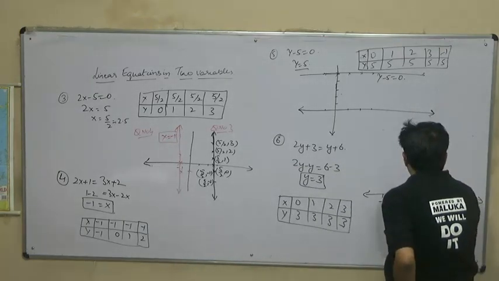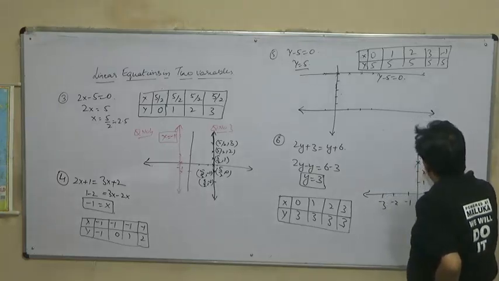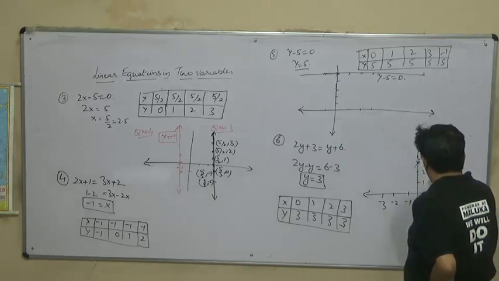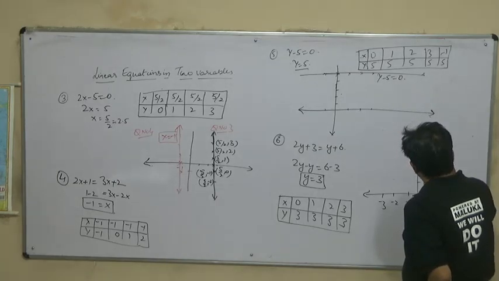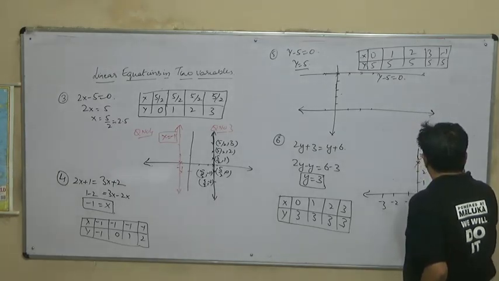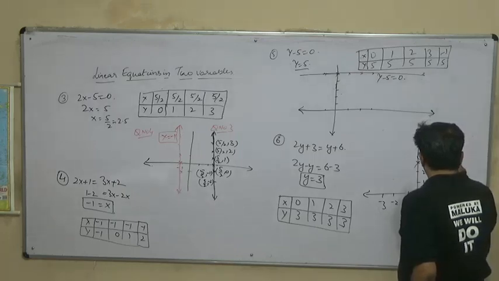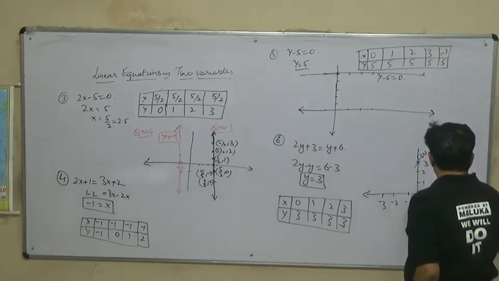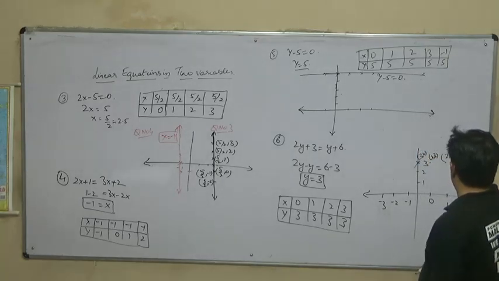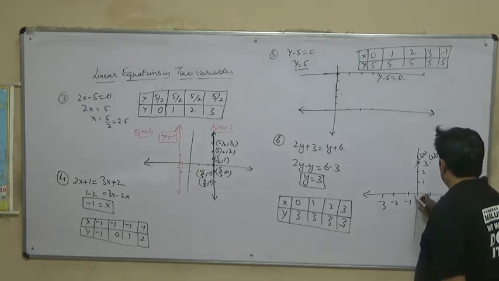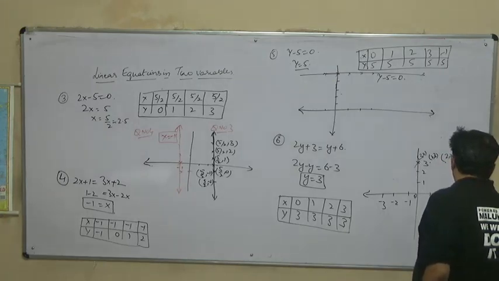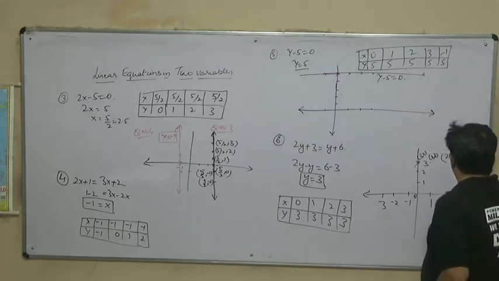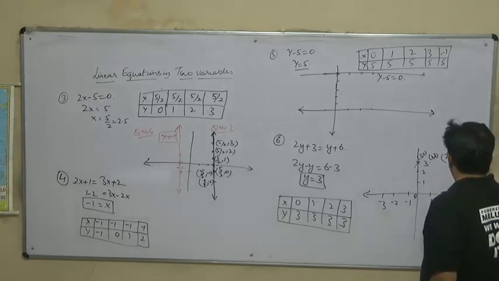So this will be the point 3, 0, and this is 1, 3, because x is 1, y is 3, and this is 2, 3, and this will be 3, 3, and it can be 4, 3 also.